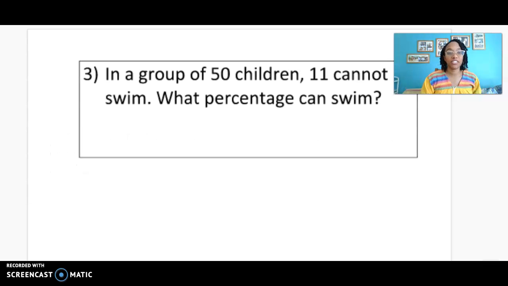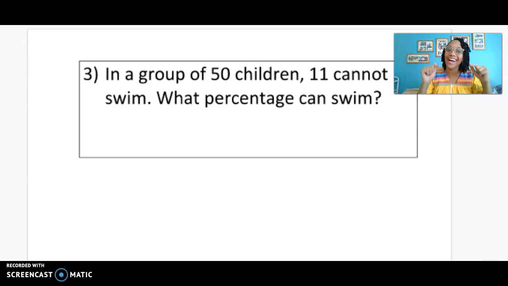And once again, percent means out of 100. In a group of 50 children, 11 cannot swim. What percentage can swim? Ooh, now look, this problem is tricky. In this problem, we have a total group of children, which is 50 children, and a part of those children, 11, cannot swim. So we know that the other part of those children, 39 children, can swim.